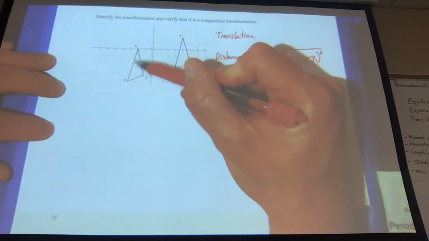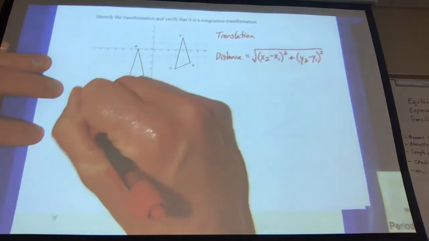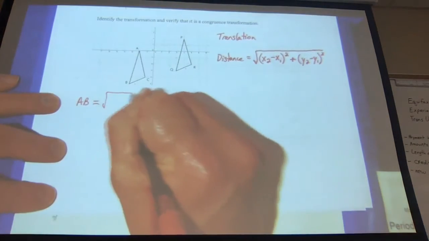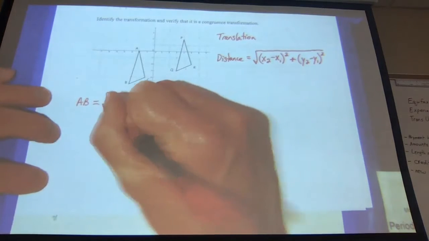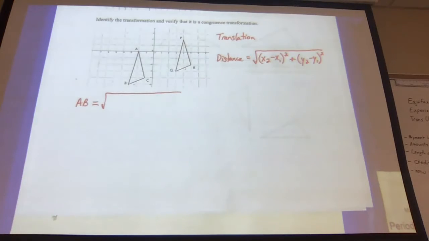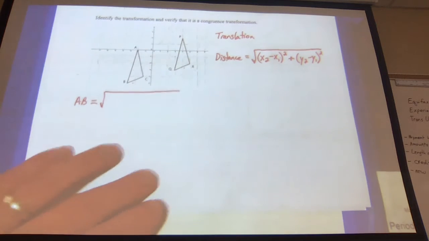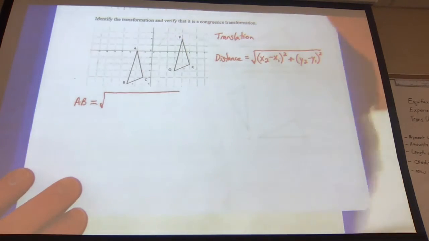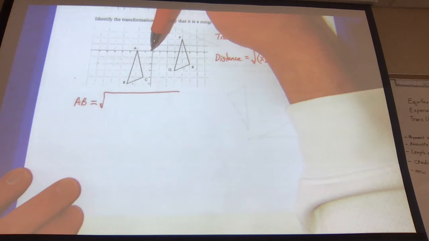So I'm going to start on this left-hand triangle with AB. I'm going to find the distance between those points that go from A to B. Before you do this, it might be helpful if you write down the coordinates so you can see it. These numbers are really small and my eyes don't see it very well, but I think this point A, we had to go -2 to the left and up 0.